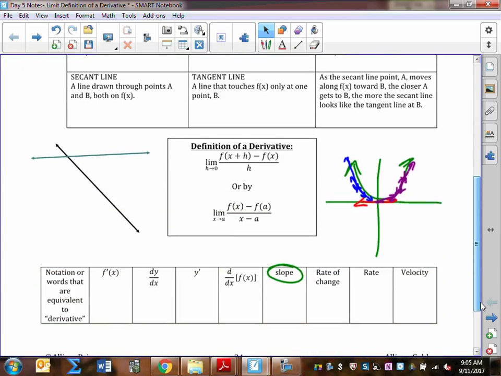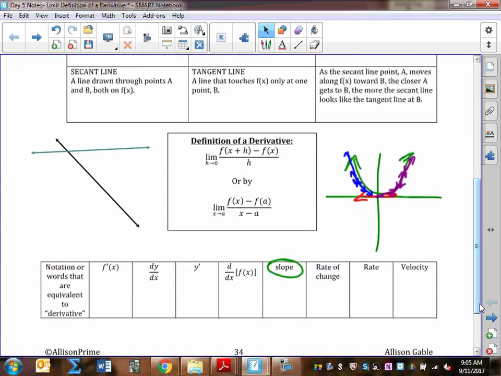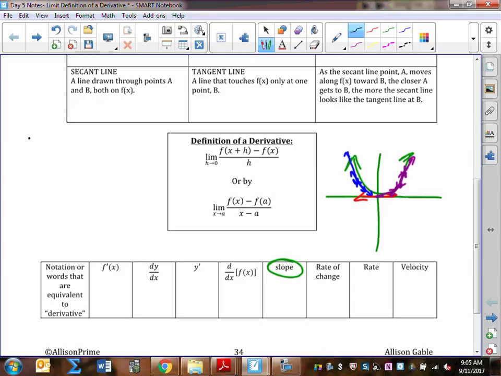All right, so let's go ahead and draw a picture kind of detailing this. I think I want to get rid of this. All right, so let's go ahead and draw a nice curve here. I'm going to kind of illustrate what's happening with our limit definition here. All right, let's just go like this. And let's pick x here.